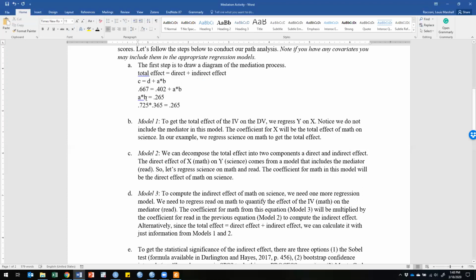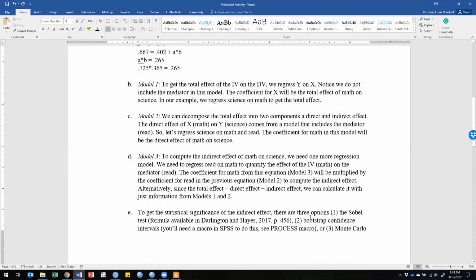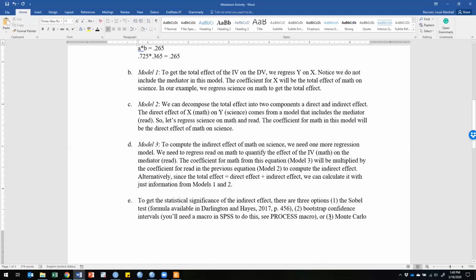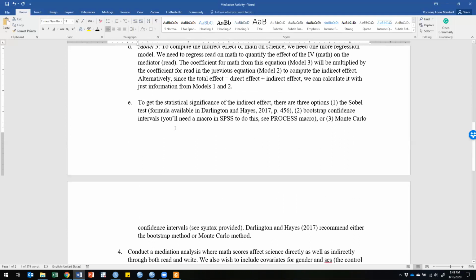So basically in both the bootstrap and the Monte Carlo, we're putting a confidence interval around this indirect effect. And if the confidence interval contains 0, then it's not statistically significant. If the confidence interval does not contain 0, then it is statistically significant.